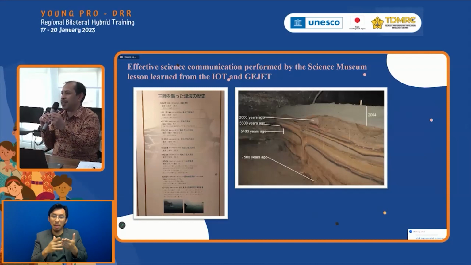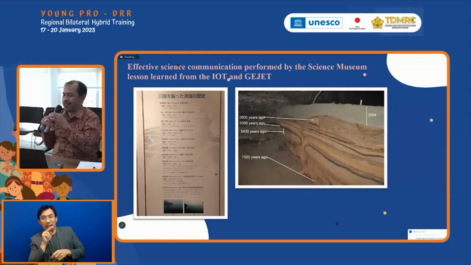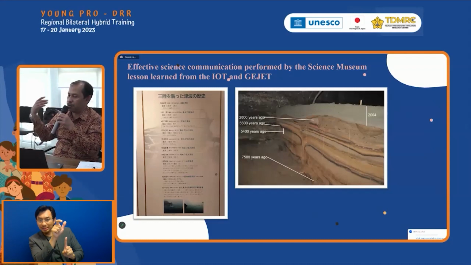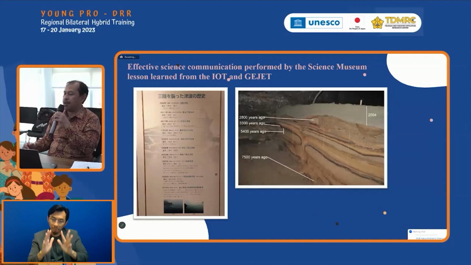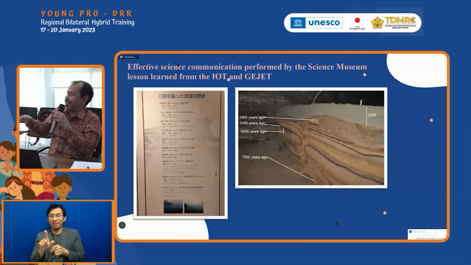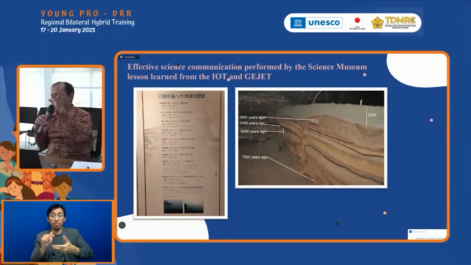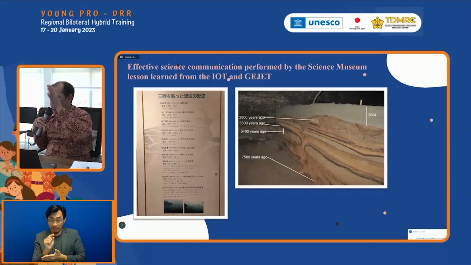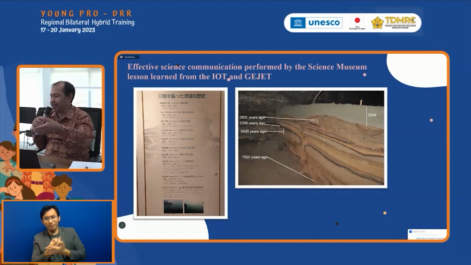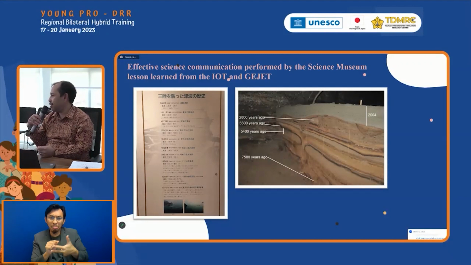Some have to ask the curator or the professor, the teacher, what this means. It is like a layer cake, layer one, layer two, layer three. But this is very important information telling us that tsunami is a repeated disaster.